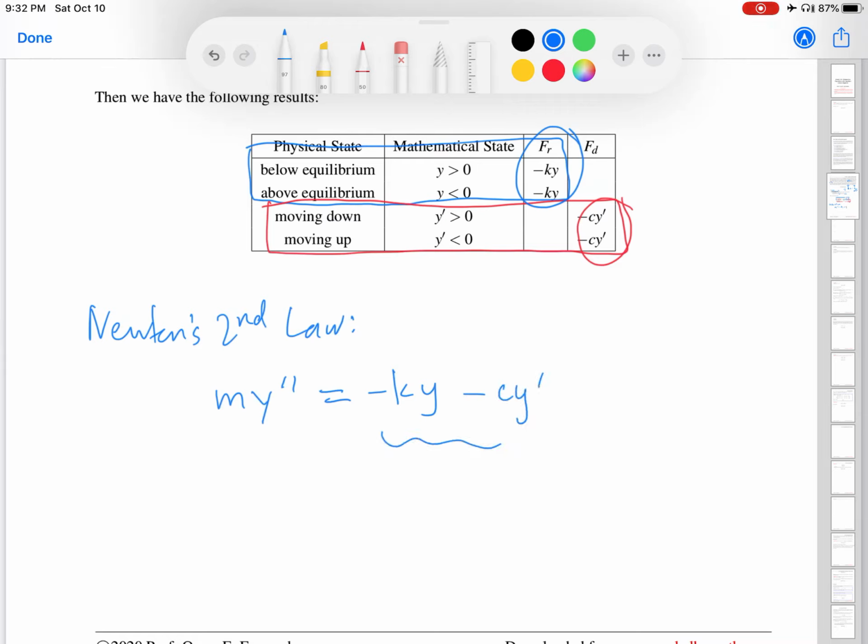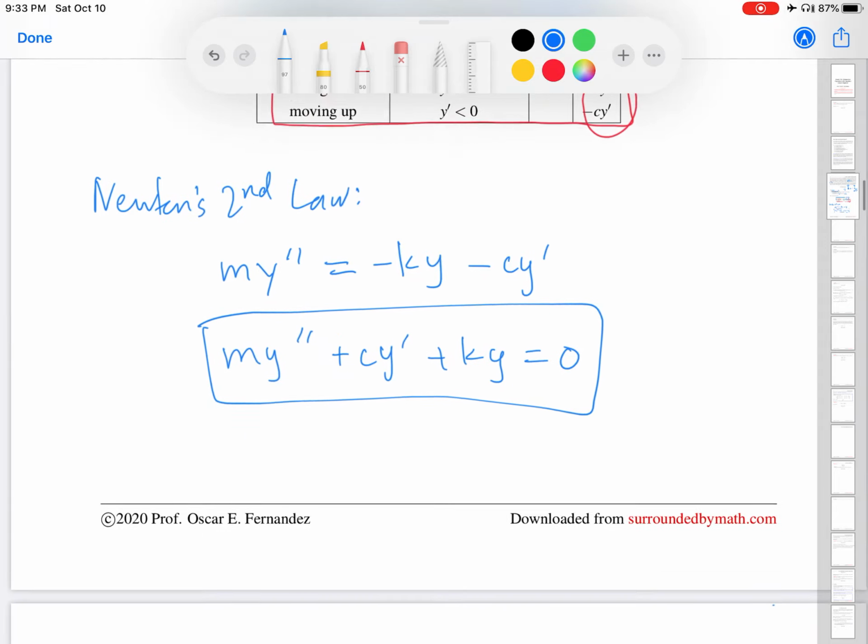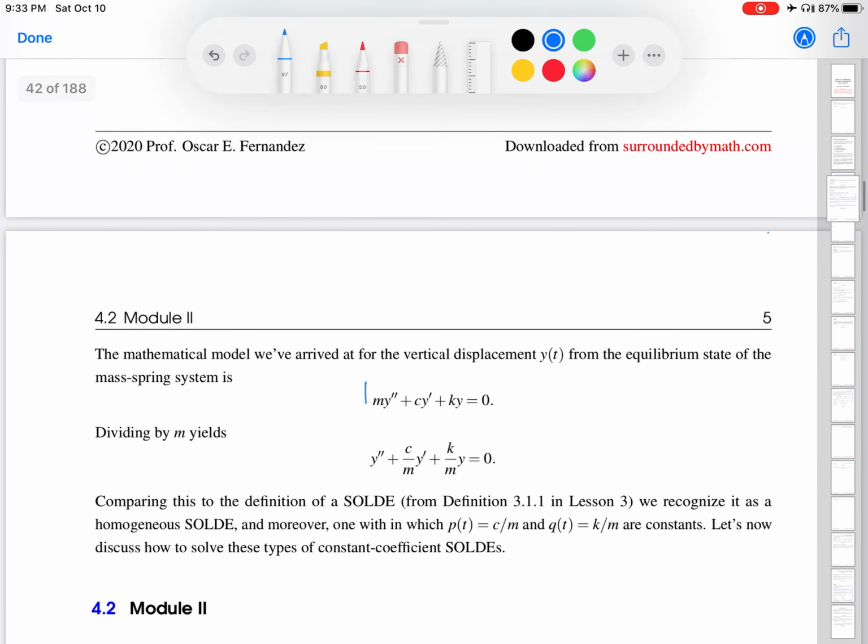So these are the sum of the net forces that we're considering in this particular simplified model. And what do we do after that? Well, we put the ODE in standard form. We try to effectively get all of the functions and their derivatives to the left-hand side. And that gives us this model, which is exactly what we wanted to derive and is down here. So that's the end of our derivation.